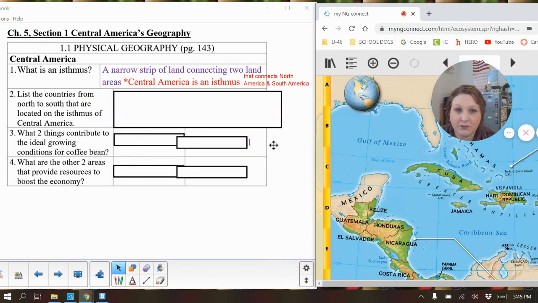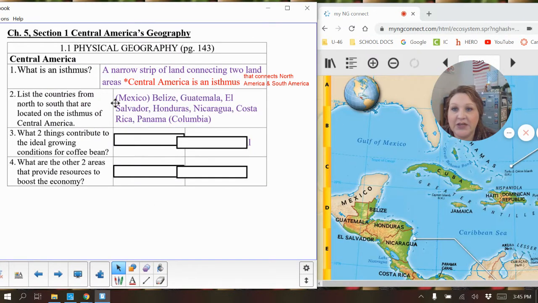We'll go back here. And so what I did here was I started at Mexico, but I put that in parentheses because that is what it's connecting together, North America and South America. And so we have Belize, Guatemala, El Salvador, Honduras, Nicaragua, Costa Rica, and Panama. So if you want to, you could just list out Belize, Guatemala, El Salvador, Honduras, Nicaragua, Costa Rica, and Panama.